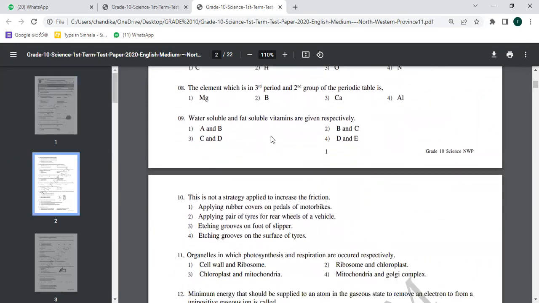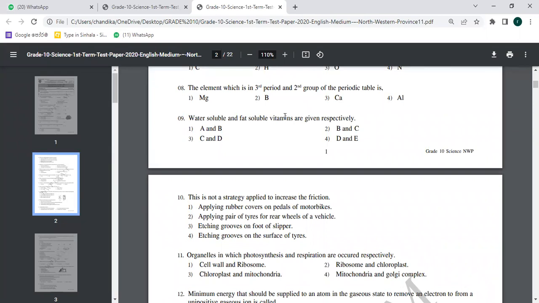Question number 8. The element which is in third period and second group of the periodic table must be? Calcium. Magnesium. Third period and second group. You must know about the second group first of all. Second group elements are beryllium, magnesium, calcium.